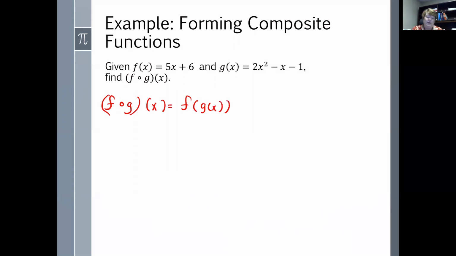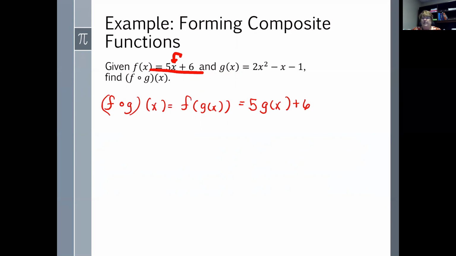So in my function f, wherever there's an x, I'm going to replace that with g of x. So this is going to be 5 times g of x plus 6. So I replaced the x in my function f with the output of g, which is g of x.